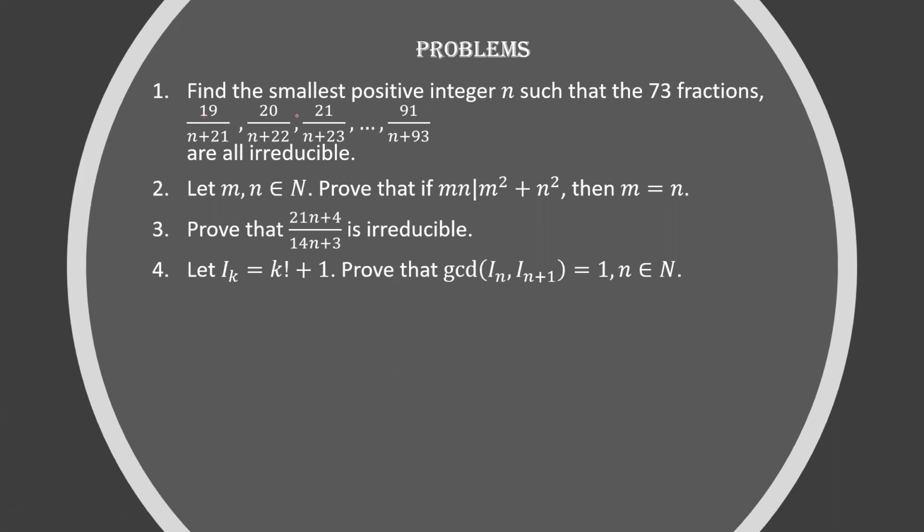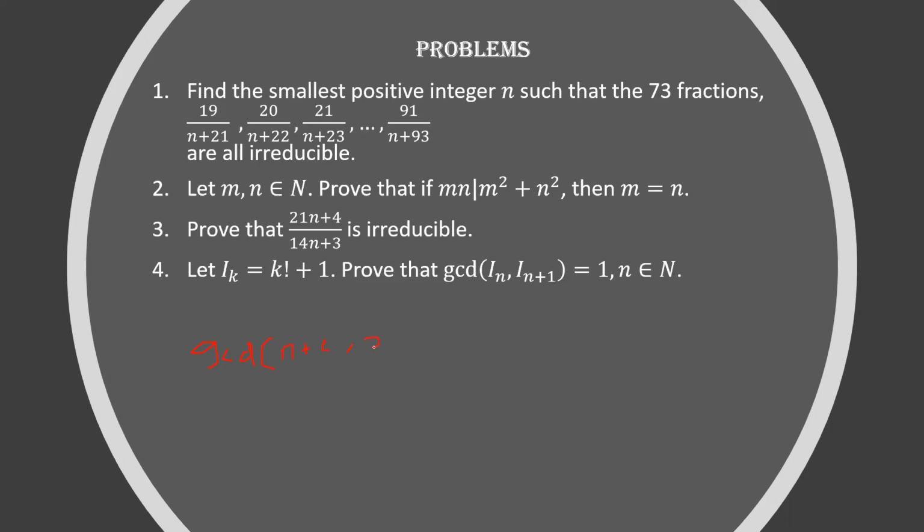So the GCD of all these numbers is like GCD of, you can see that the difference between the denominator and numerator is constant, which is n plus 2. So GCD of the denominator comma numerator and all of them will be nothing but GCD of n plus 2 and some number, from 19 to 91.